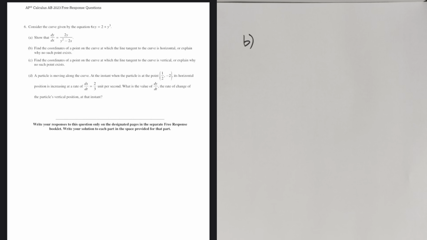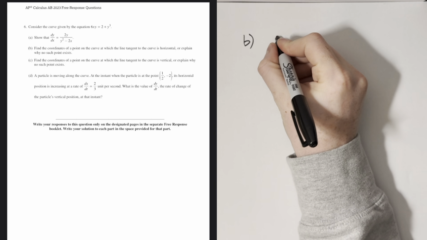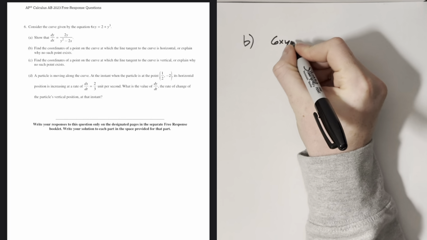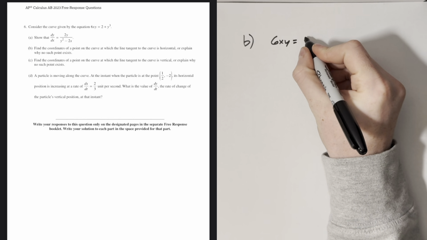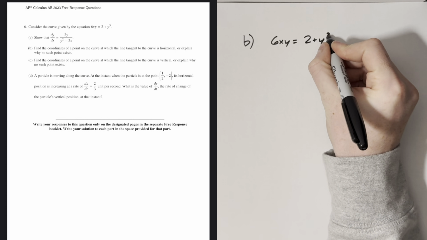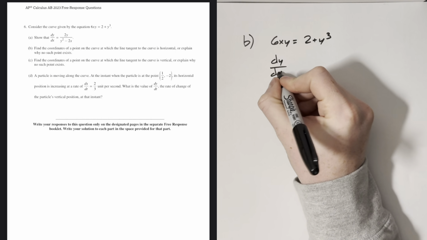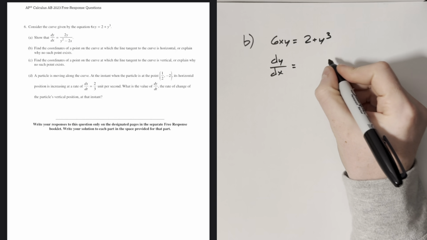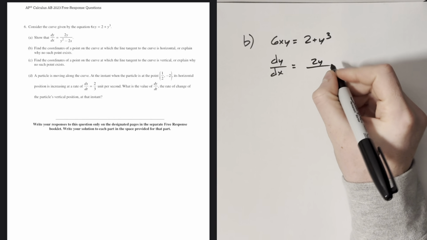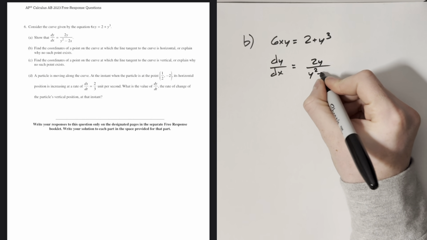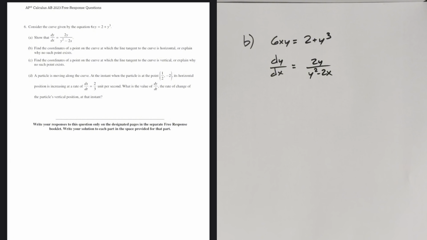Now, I'm going to write down some information we got from the previous question, right? It was the equation, but then it was also the differential, dy/dx equals 2y over y squared minus 2x. And they ask us, is there a tangent that is horizontal to the curve?